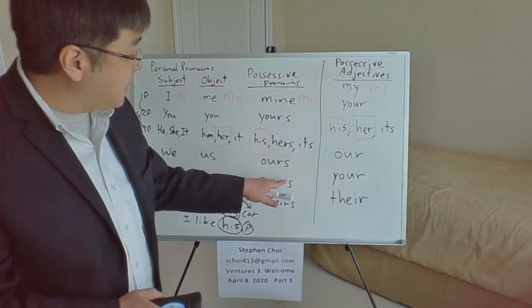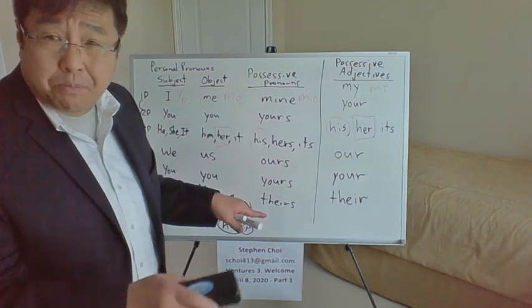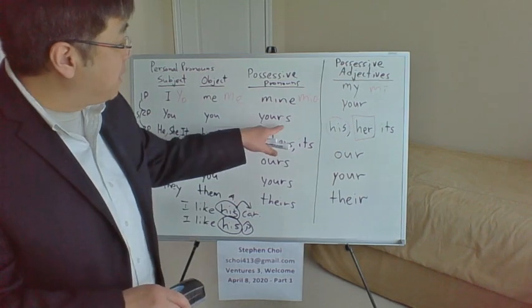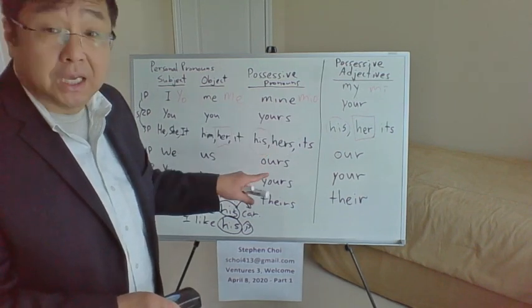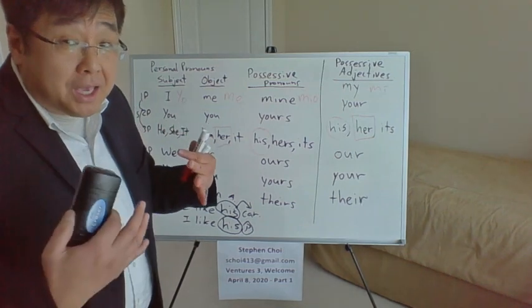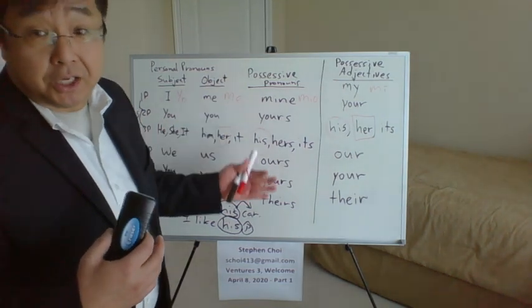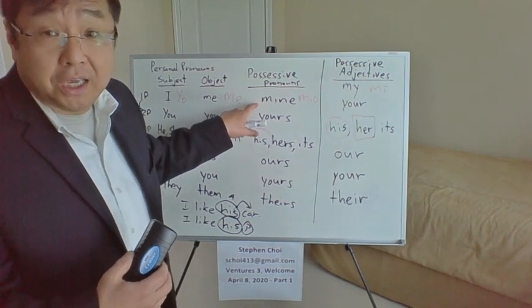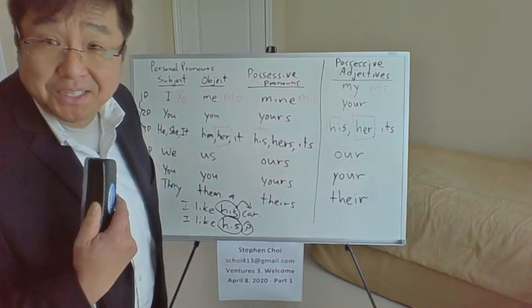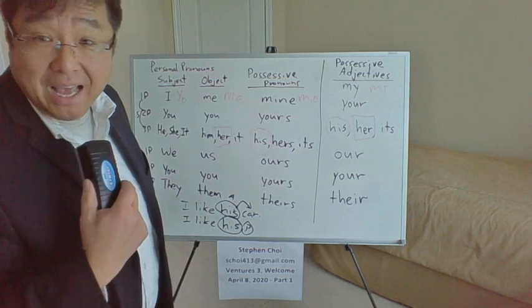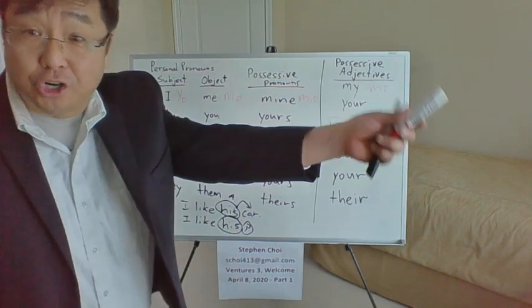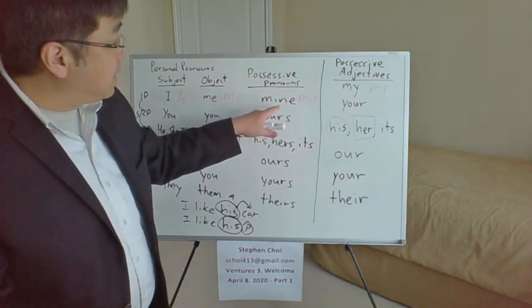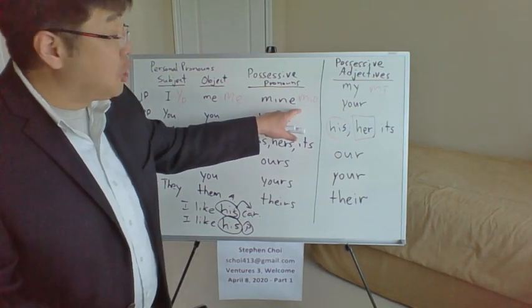We just end it with S. I know that could sound like a plural noun, but for pronouns, when you put S, it makes people think that this is possession, except for the first person. You don't say, this is mine's. You say, this is mine. This is yours. These are theirs. But first person singular, no S.